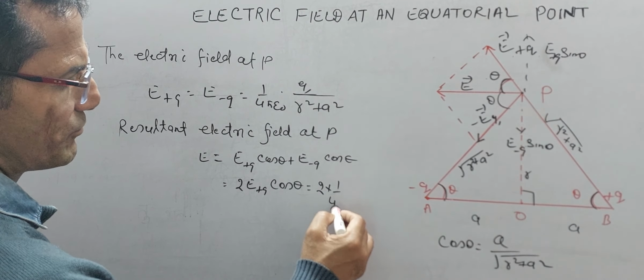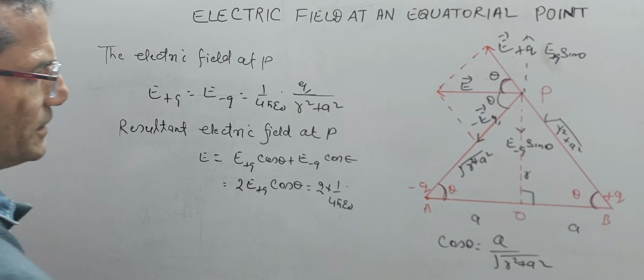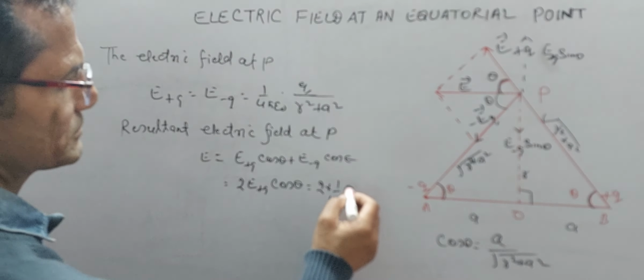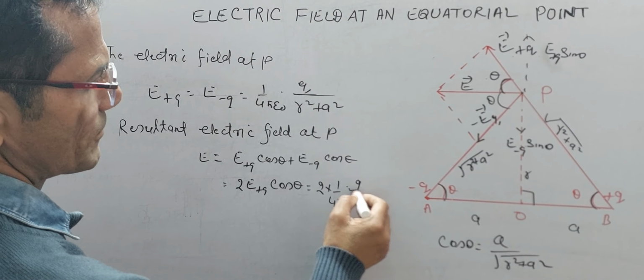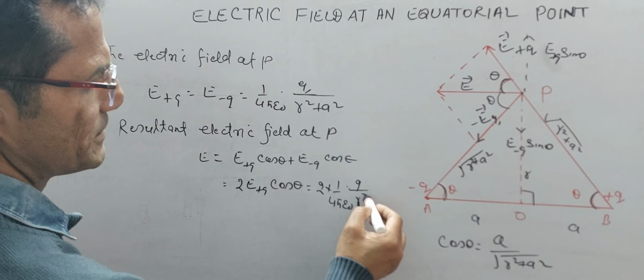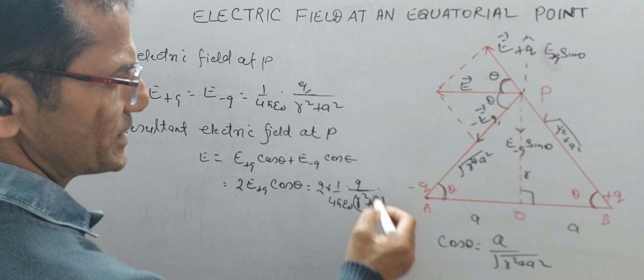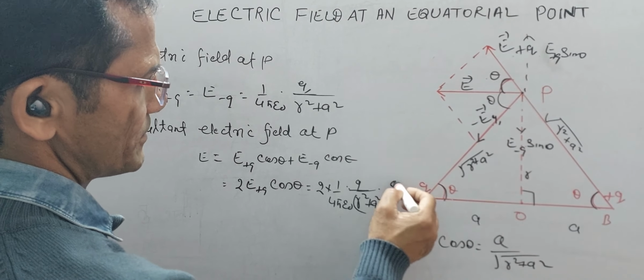Finally, this value becomes 2 times 1 upon 4 pi epsilon naught, and E plus Q has this value, Q divided by r square plus a square, multiplied by cos theta. Cos theta has this value.